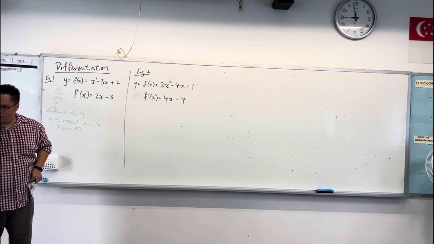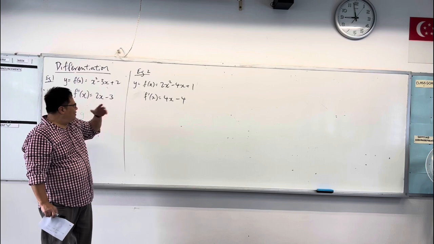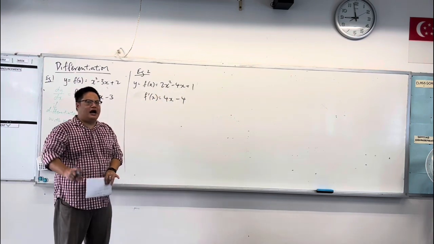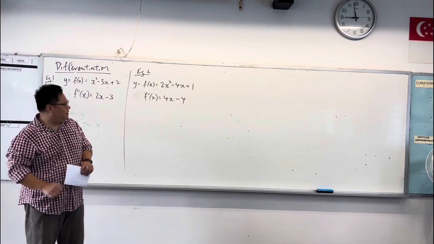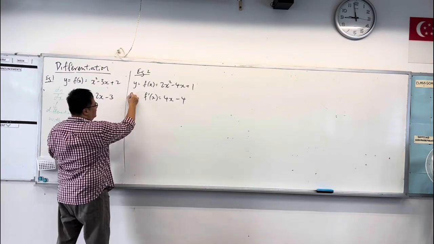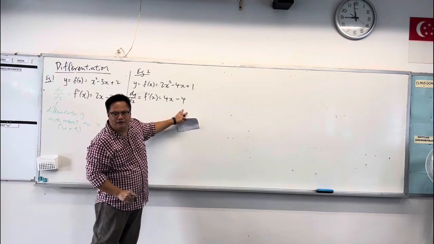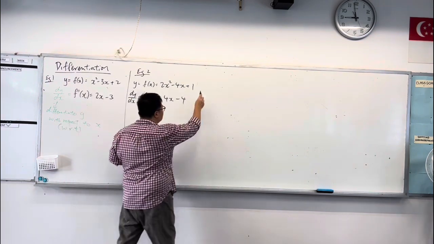Is there a shortcut way of getting this in half a second? There is. Just wait, be patient. Look at the next one. The second example: y equals f(x) equals 2x squared minus 4x plus 1. After going through first principle, expanding, simplifying, cancelling everything, our dy/dx or f prime x is equal to 4x minus 4. Wow, do you notice some things already?